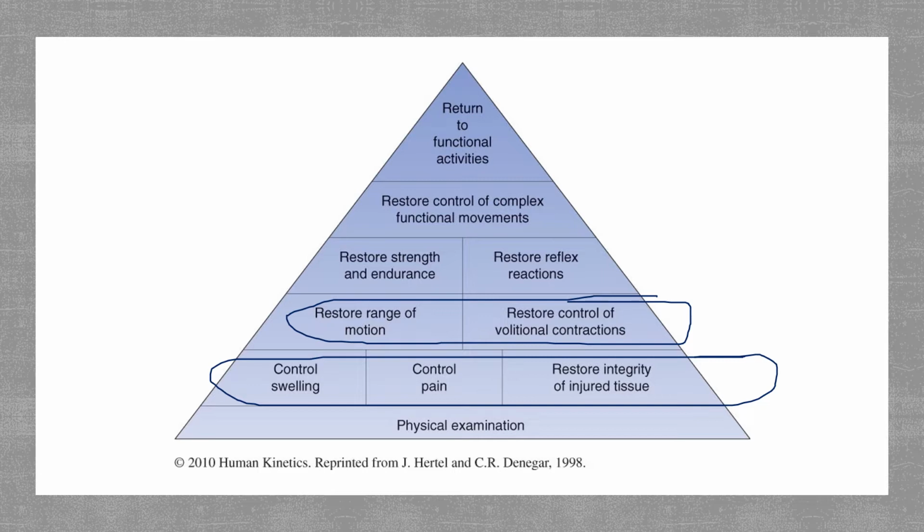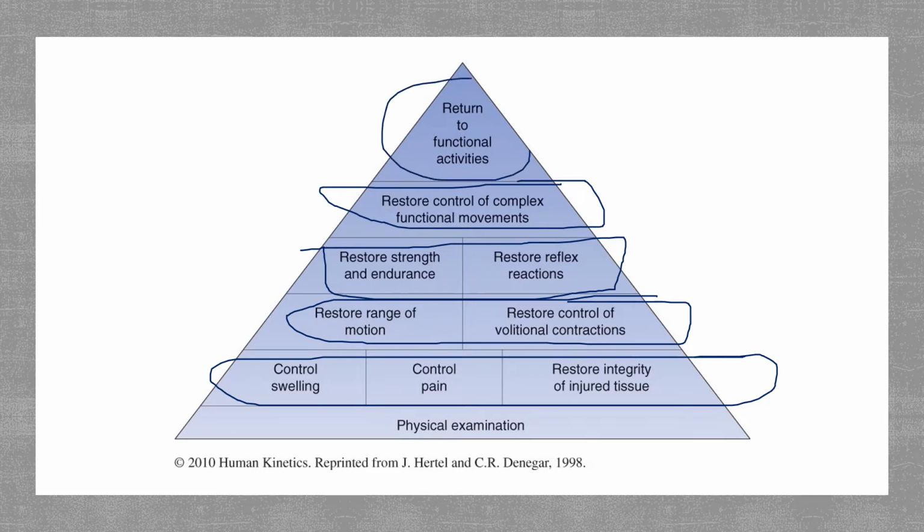Once we have good muscle activation, we can restore strength and endurance as well as reflex patterns, our proprioceptive and neuromuscular control. Then complex and functional movements, and then finally return to functional activity. So he has a pyramid type approach where you build off of the next, and all of these build off of the next.